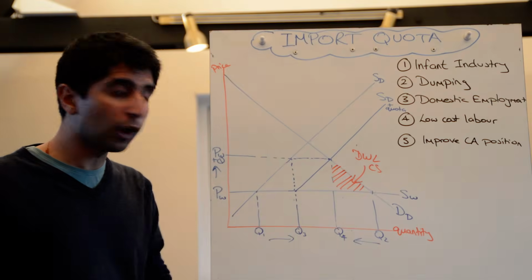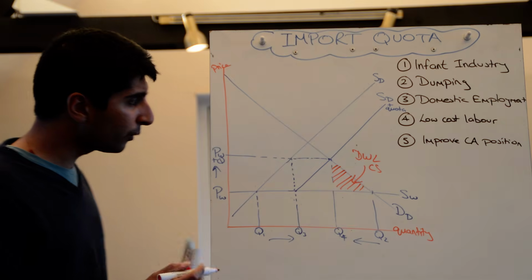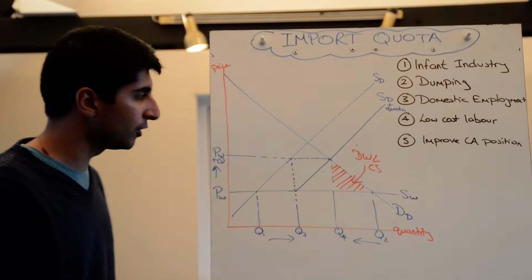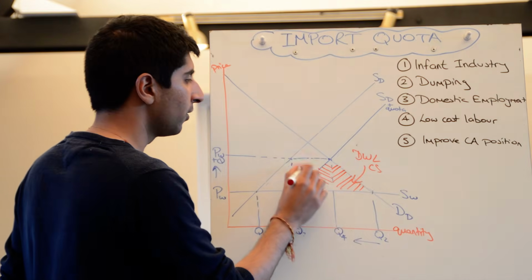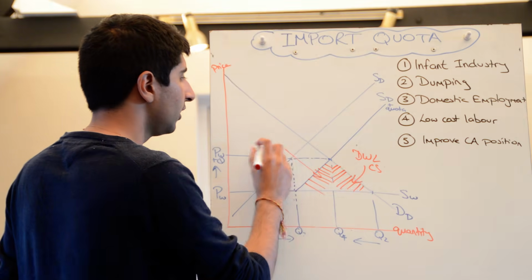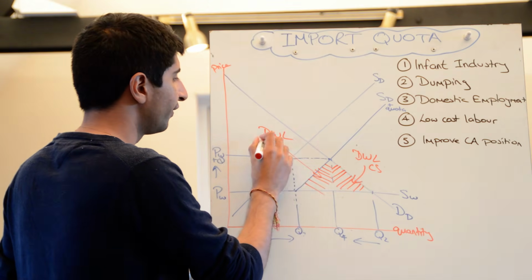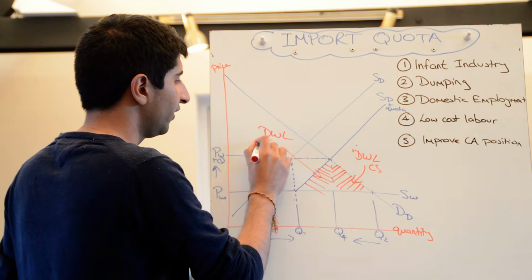There is also a loss of world efficiency here, and that loss of world efficiency comes from the extra units that domestic suppliers are producing that they shouldn't be producing, because they're inefficient compared to foreign producers who have the comparative advantage. So that triangle is a deadweight loss of efficiency.